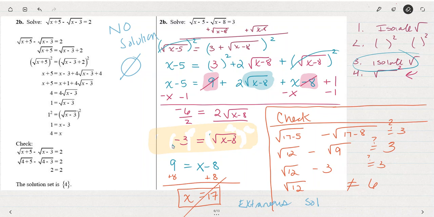Do you see the red flag there? The radical, a square root, cannot equal a negative. So right here at this step, I might have noticed, oh, this problem has no solution. When you see that, you could stop as you go and say, oh, no solution there. All right, let's try another example, number 3.